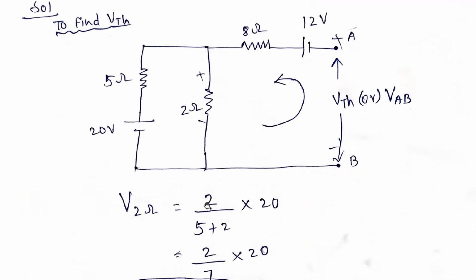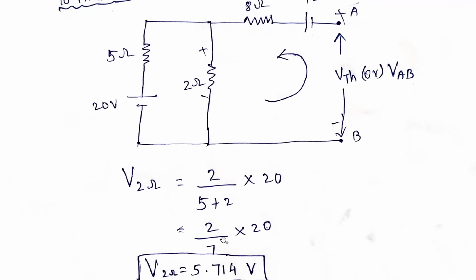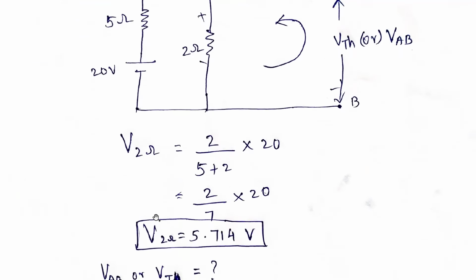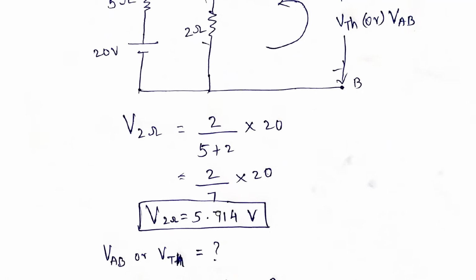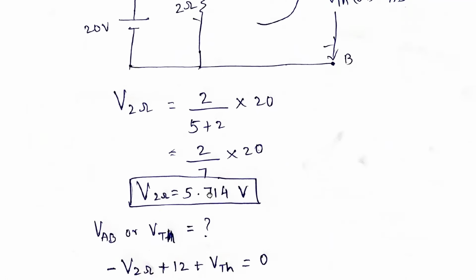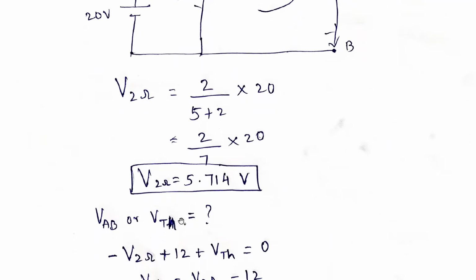It states that the voltage across a particular resistance is that resistance, 2 ohms, divided by the total resistance, 5 plus 2, into the voltage source supplying that particular loop, so into 20 volts. So you can easily find the voltage across the 2 ohm resistance. That is 5.714 volts.